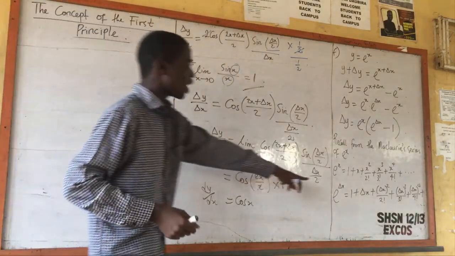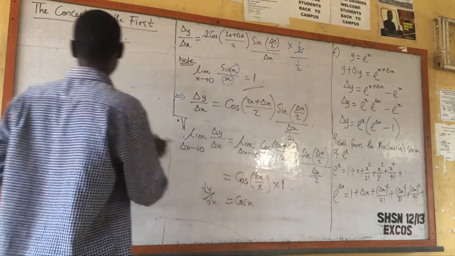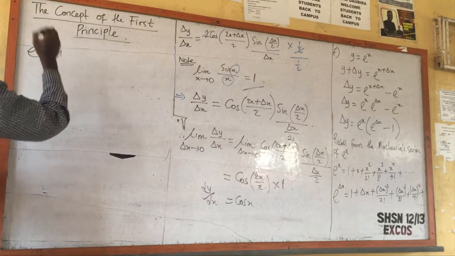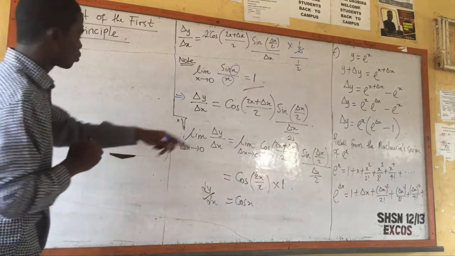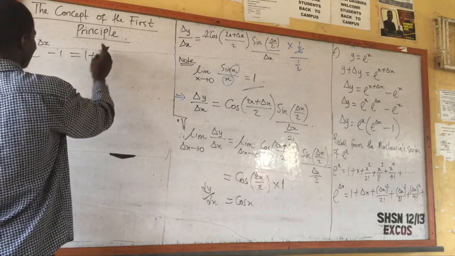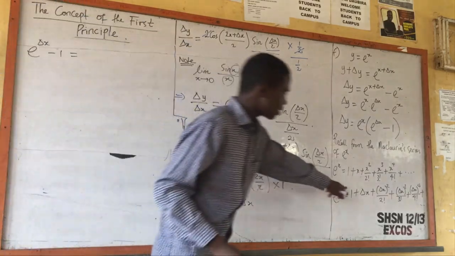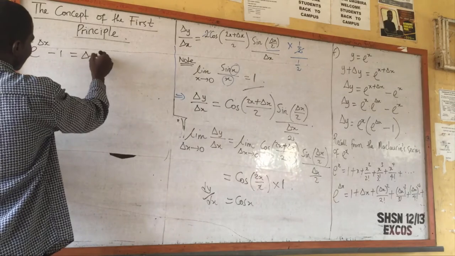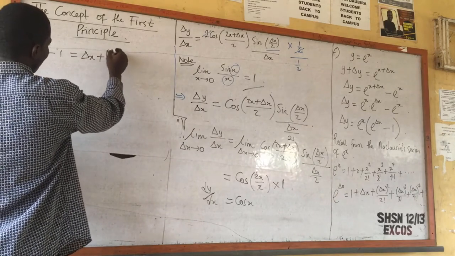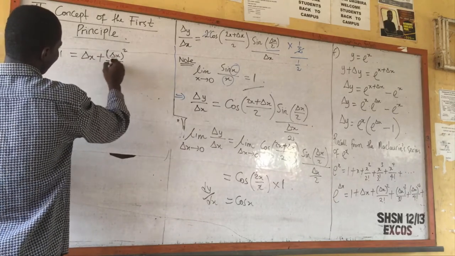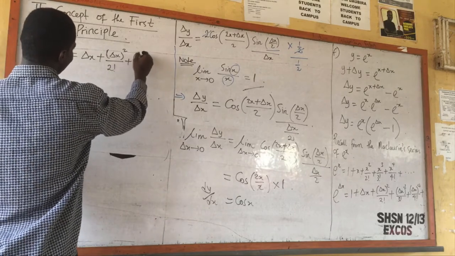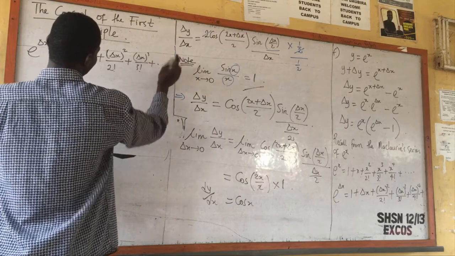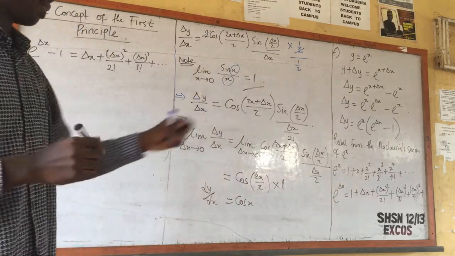I bring this one inside to obtain exponential delta s minus 1 equal to delta s plus delta s all squared over 2 factorial plus delta s all cubed over 3 factorial, and it goes on like that.